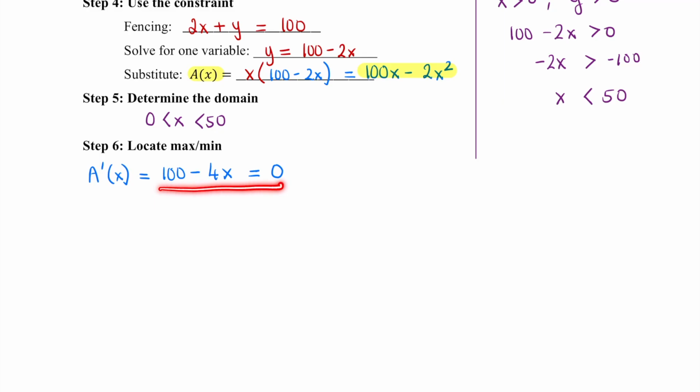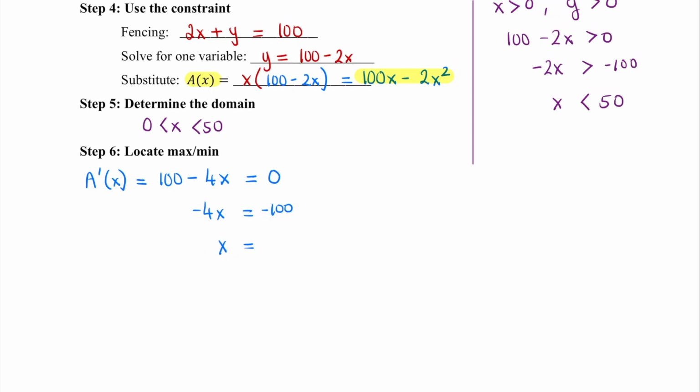To solve for x, I first subtract 100 from both sides. So I have negative 4x equals negative 100. And then I divide both sides by negative 4. So I have x equals 25. x equals 25 is my only critical number for this problem.